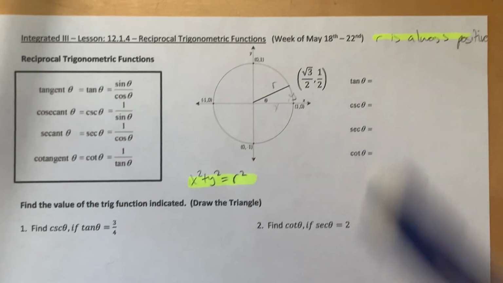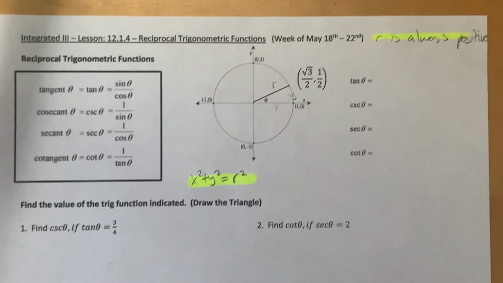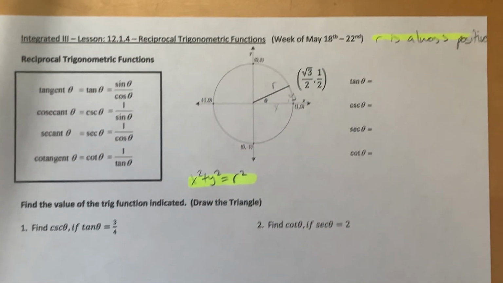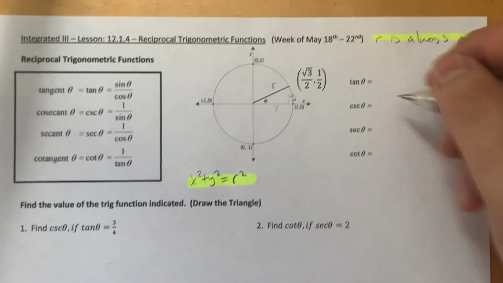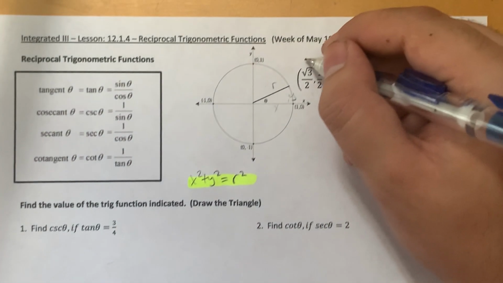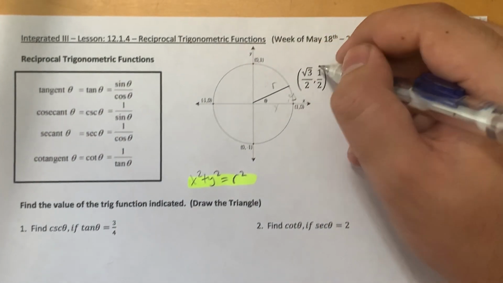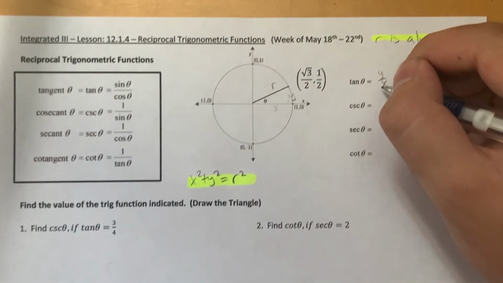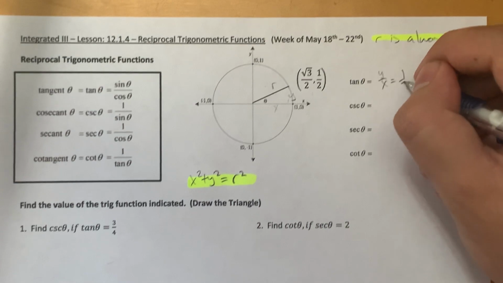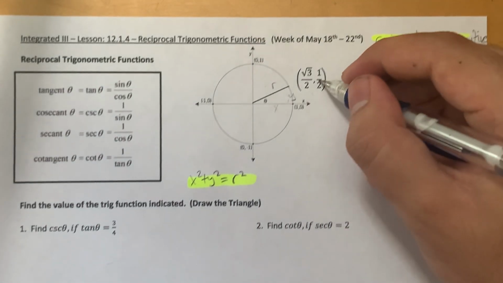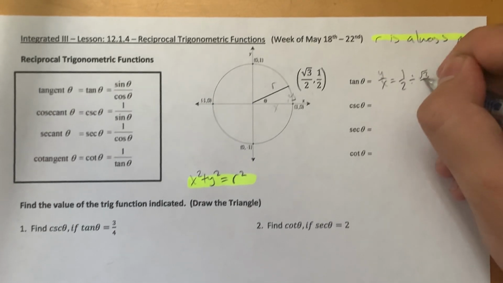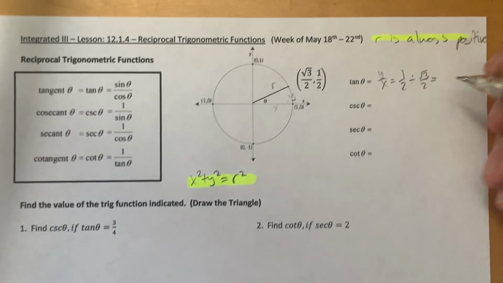So let's use this and remember what we learned. Tangent equals sine theta divided by cosine theta, right? And we remember that cosine is x and sine is y. So we can say y over x, which will equal 1/2 divided by √3 over 2. Copy dot flip.